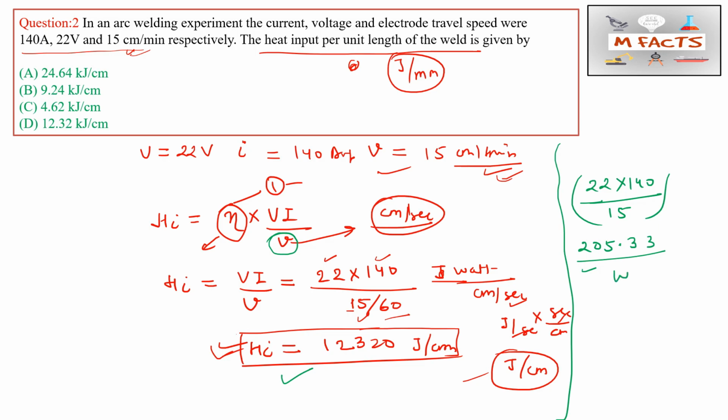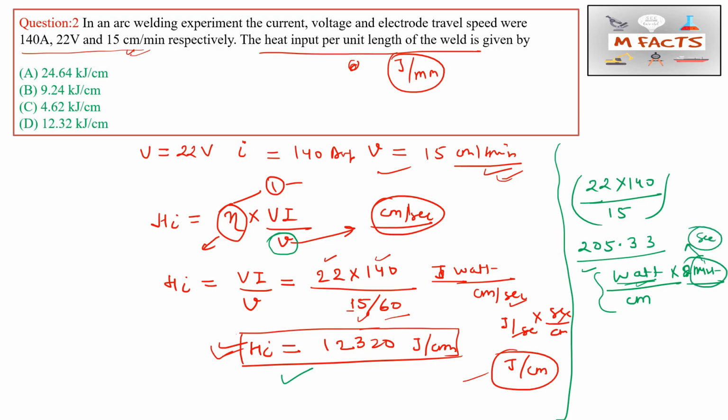For this question, if we balance the units, we get that this is in watt per centimeter multiplied by minutes. So it is watt per centimeter into minute, but to change it into joule, we have to change the minutes into seconds.